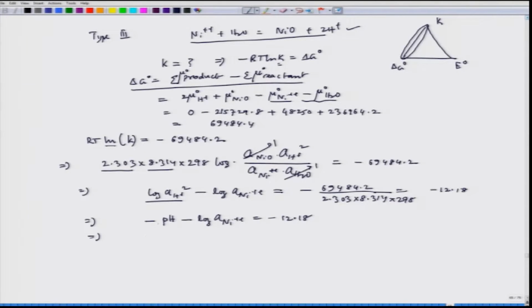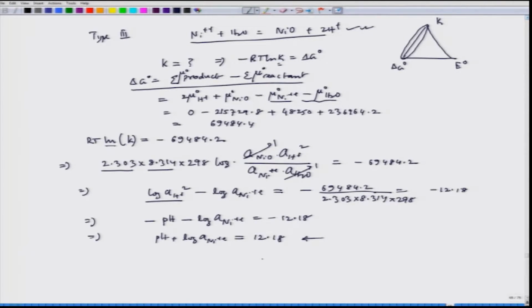So, I can simplify: pH plus log of a Ni plus plus equals 12.18. This is the equation we are getting to indicate the equilibrium for this particular reaction.